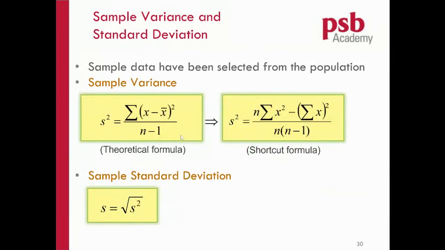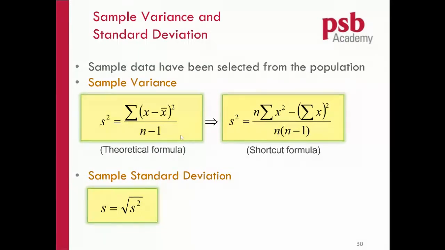We are more interested in the sample because the population is too huge. So most of the time we don't really go into the population formula to find the population parameter because we don't have the data anyway. Most of the time we just use the sample data to calculate what we want. So when we are asked to find the standard deviation or variance for a sample, we are going to use a formula here.